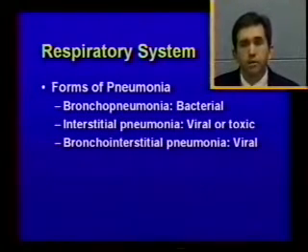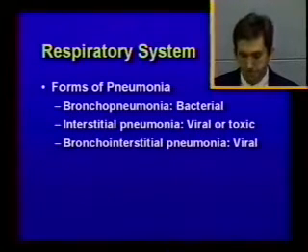So some viruses have the capacity to target both locations within the respiratory tract, the bronchus and its epithelium and the alveolus and its epithelium, and they typically cause a bronchointerstitial pneumonia.